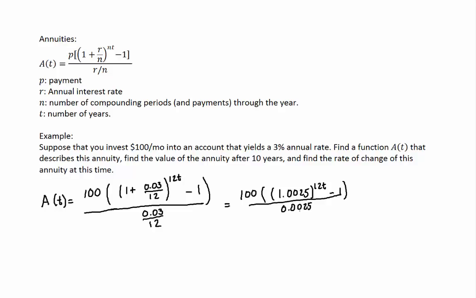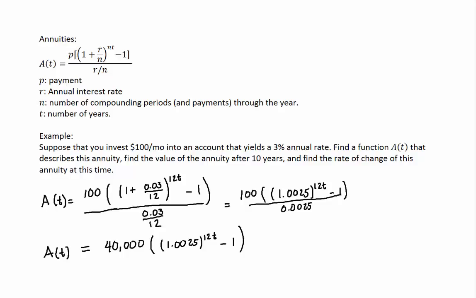Dividing by 0.0025 is the same as multiplying times its reciprocal, and its reciprocal is just 400, so this becomes 400 times 100, so you get 40,000, and that multiplied times 1.0025 to the 12t minus 1. And that is our expression.